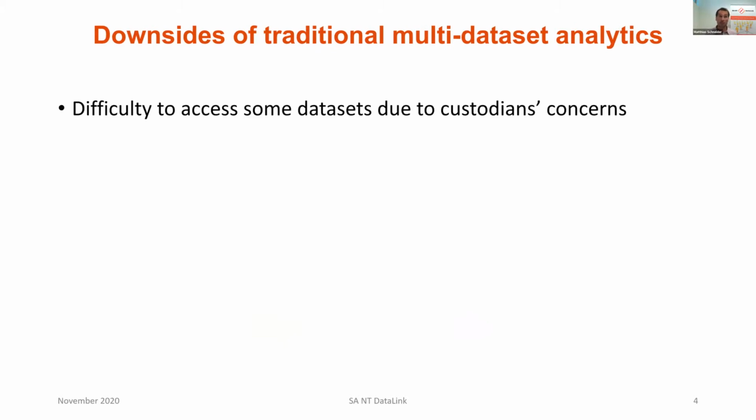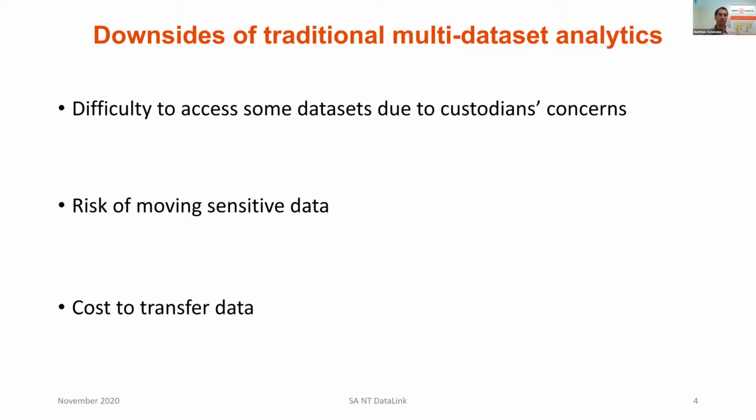The main downsides of this approach are that some custodians are simply too reluctant to move the data out of their protected environments. Moreover, this model also requires sensitive data to travel, which always comes with a risk of the data being potentially compromised. And finally, there is a cost, both in time and in resources, to prepare, move, and also receive the data at the other end.